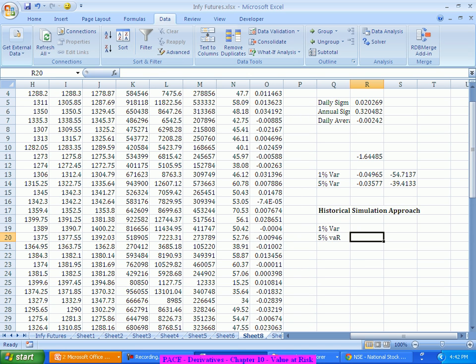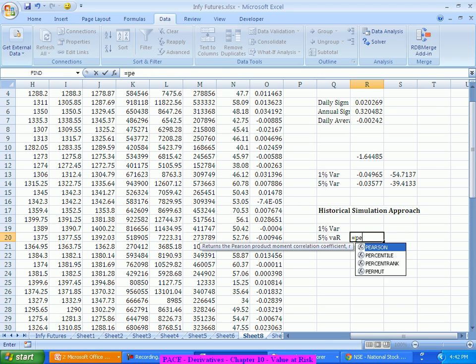For that, I'll simply use a formula called small. It's a percentile. I'm simply trying to pull out the third worst, or 5%. So it's a percentile itself.